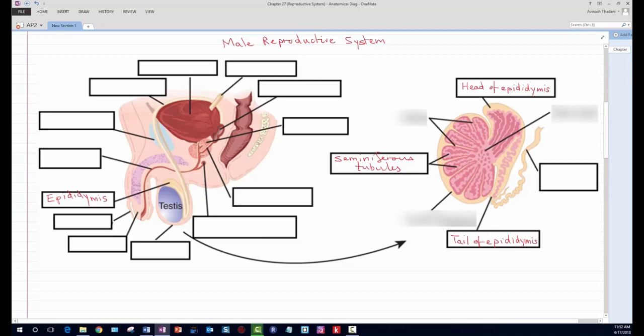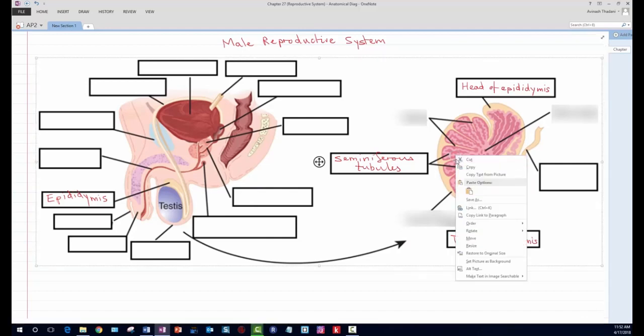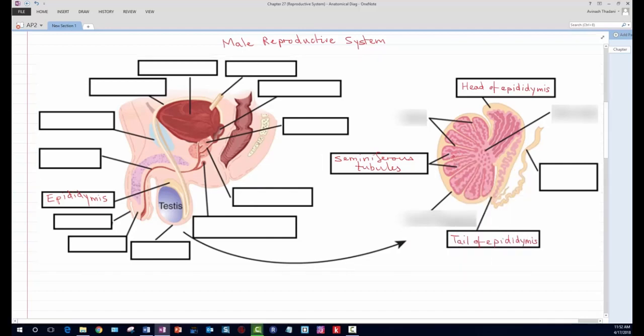So these are literally tubules, and some of the cells in the seminiferous tubules, if you just draw one cell over here, oops, I don't think I can draw that small. But one particular cell over here, that will be one Sertoli cell in the seminiferous tubules that's involved in spermatogenesis over there. So anyways, those are the seminiferous tubules.